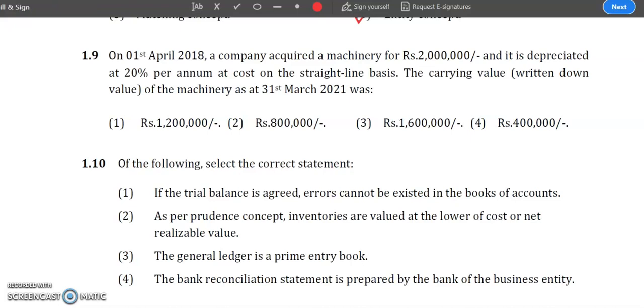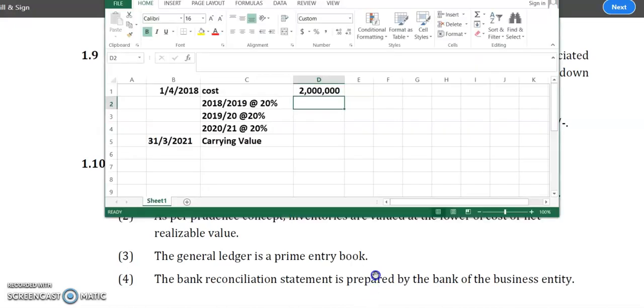Let me do it in Excel. Right, here is the Excel file with details. On 1st April 2018, they purchased machinery for 2 million and they are asking for the carrying value as at 31st March 2021 at a depreciation rate of 20% on the straight line basis.